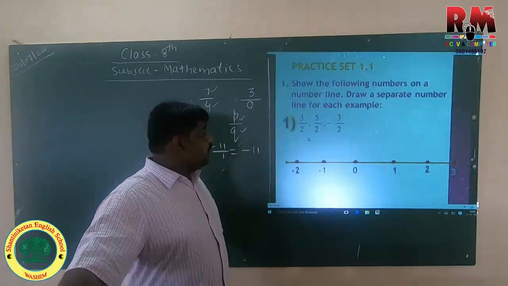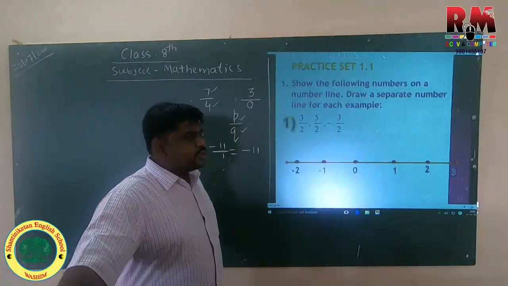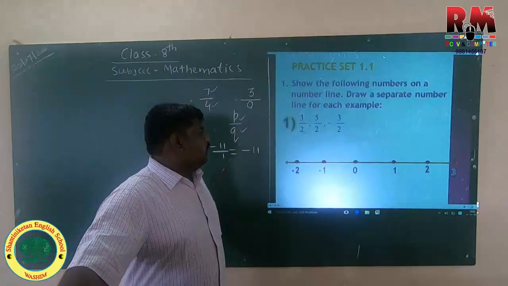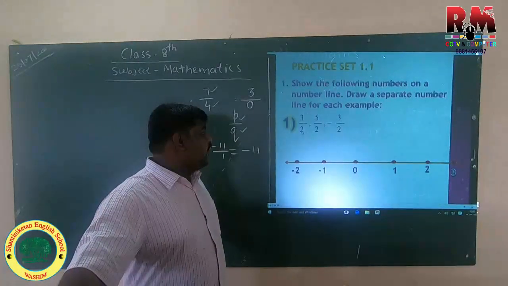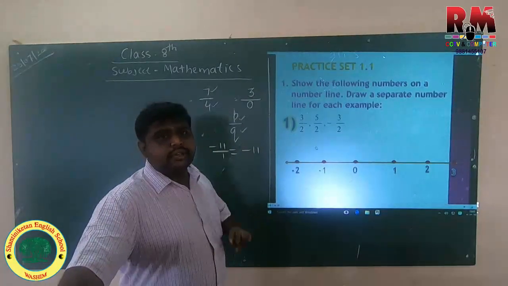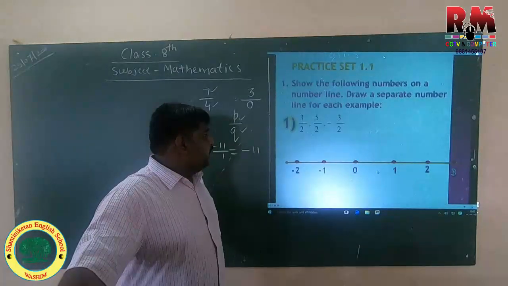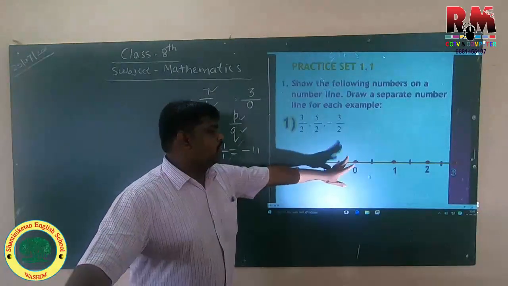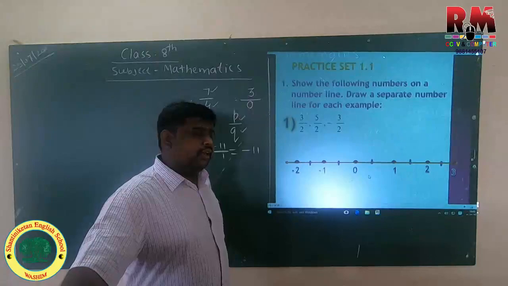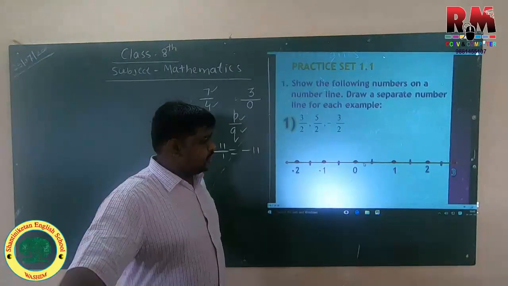Here observe that the denominator is 2. So we divide the unit distance into 2 equal parts. This is the unit distance 0 to 1, so we divide it into 2 equal parts, meaning give one dot in between 0 and 1. This is the first part, second part.